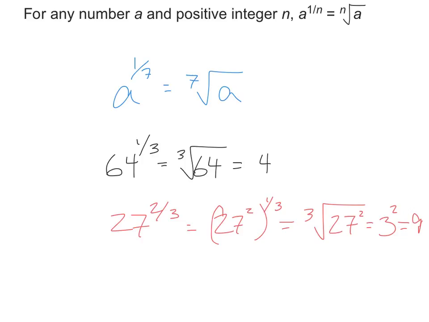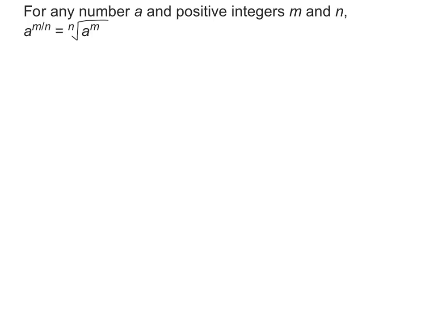So we have another rule we can write. And here it is. This time if we have our number a and our positive integers are m and n. So we write our fraction as a to the m over n. And we can convert it. The denominator n is still my nth root, so the nth root of, and then the numerator m is the exponent, the nth root of a to the m power.